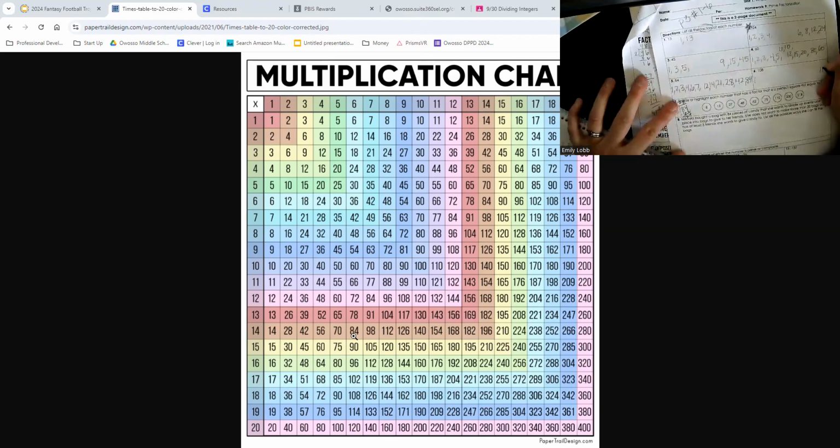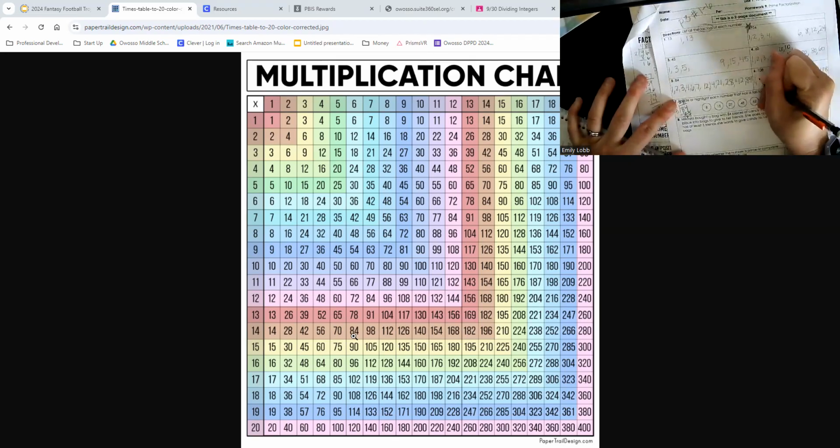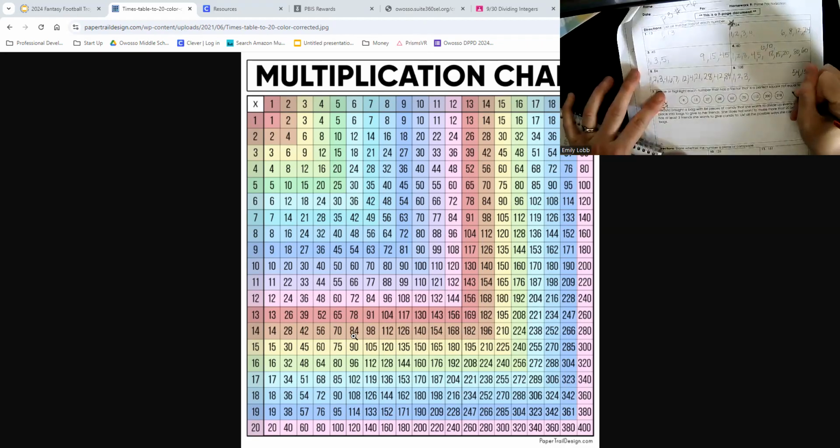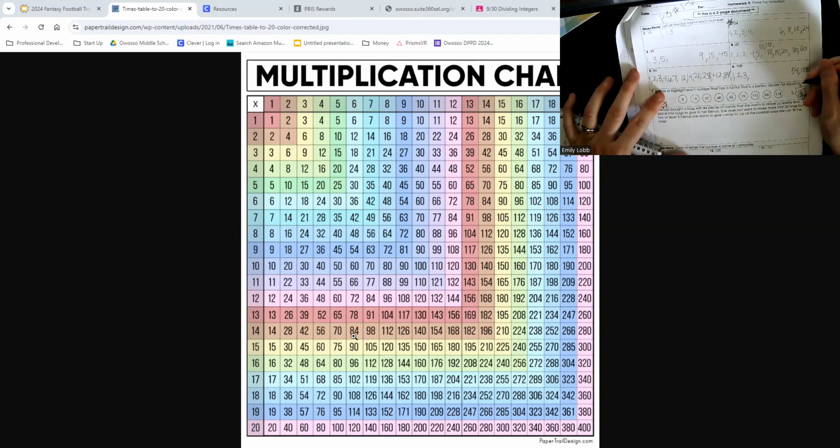108, 1 and 108. 2 and 54. 3 and, again, I've got to figure it out. 3 goes into 10 3 times, which is 9. Bring down the 8. 3 times 6 is 18. So this is 36. Does 4 go into that?